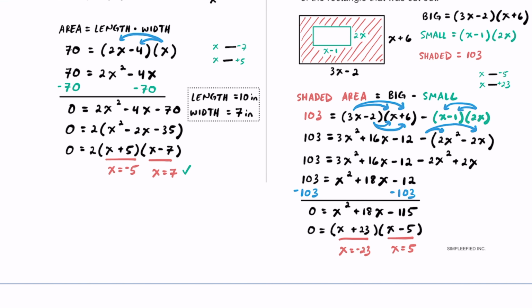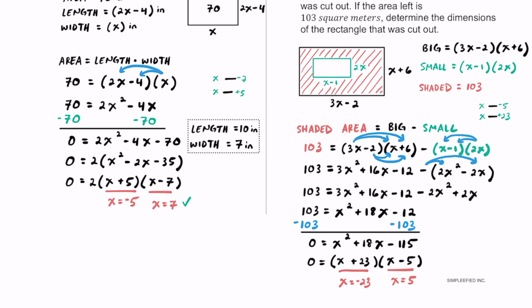Now try to remember that we are looking for the dimensions of the smaller rectangle that was cut out. So we want to know the length and the width of this smaller one. If we use this -23, that's going to get us negative dimensions, which is not what we're looking for. However, if we use this x equals 5, we're going to get positive dimensions, which is what we are looking for. So let's take this positive 5 and plug it into both expressions for the length and the width.